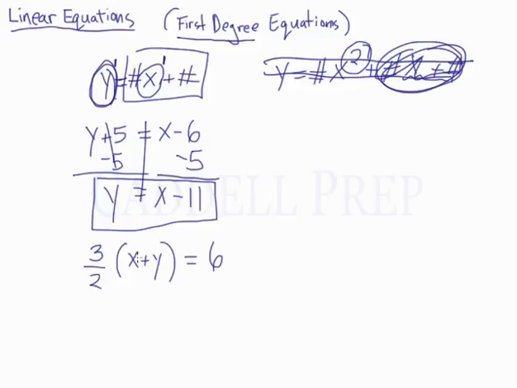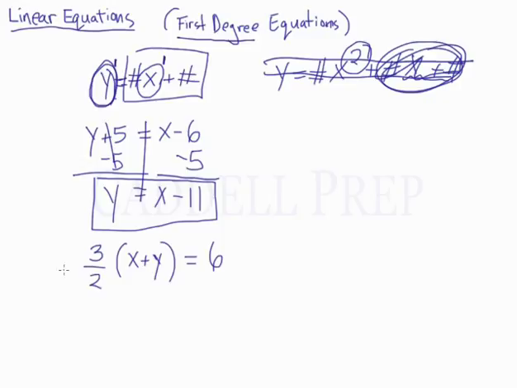So again, remember we're solving for y, so we have x plus y. We would add those together first if this was order of operations, and then multiply by 3 halves. So the first thing we're going to do is get rid of the 3 halves, because that would be the last thing we do in regular PEMDAS.